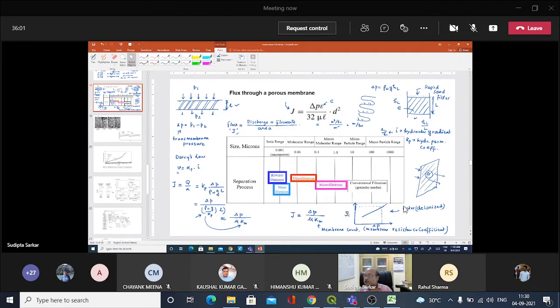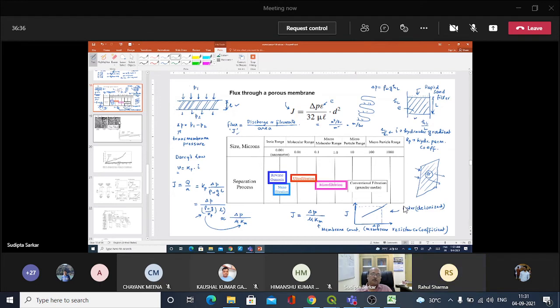We have to strike a balance between the flux and the fouling of the membrane. This is one of the problems we face with high TDS water: over time the fouling of the membrane will take place, and there will be problems associated with it.